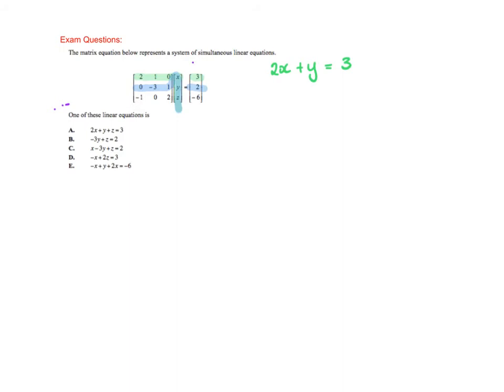It could have been, there's no x, so I could have said negative 3y plus z equals 2. Good. And then this last one would have been like that. So what would that would have been? Negative x plus 2z. There's a 0 in the y. And it equals? Now, is any of them in our answers?